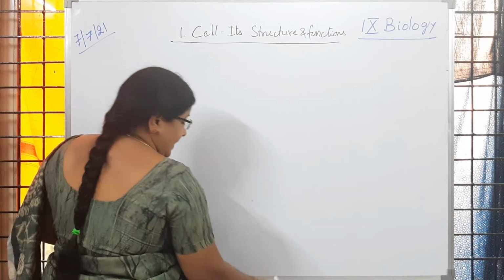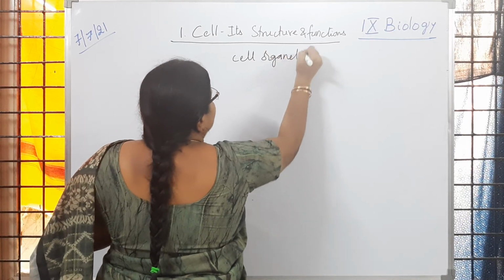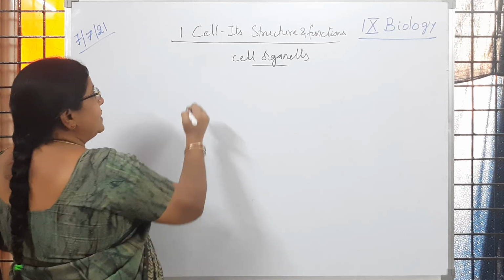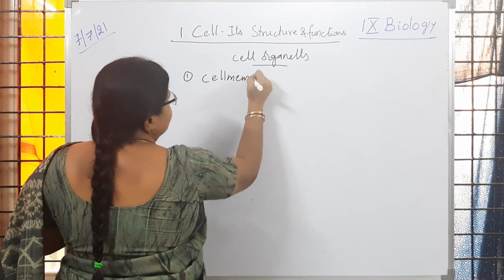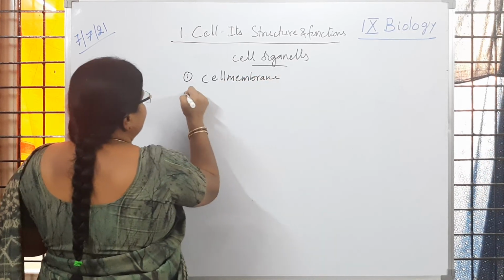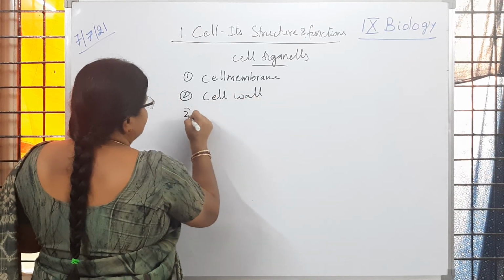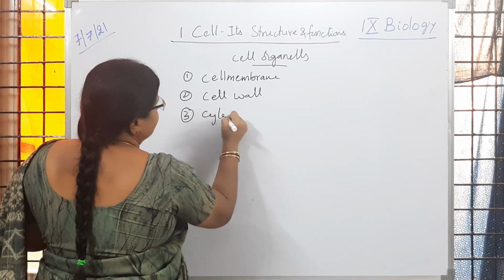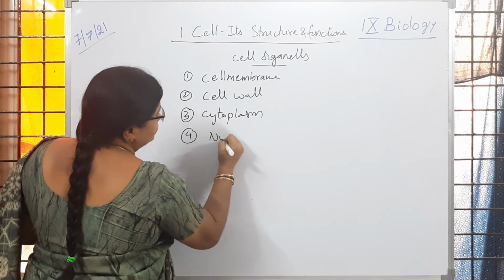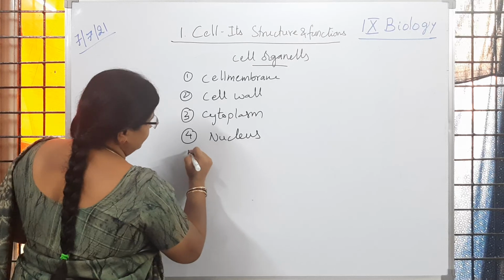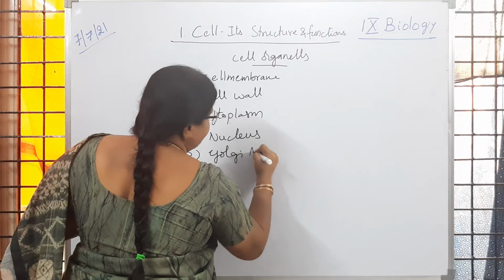So what are the different cell organelles you learned? First one, cell membrane. Then cell wall. Cytoplasm. Nucleus. Golgi apparatus.